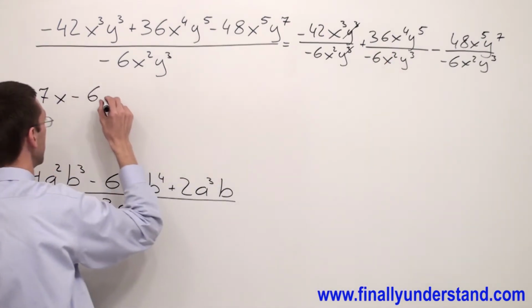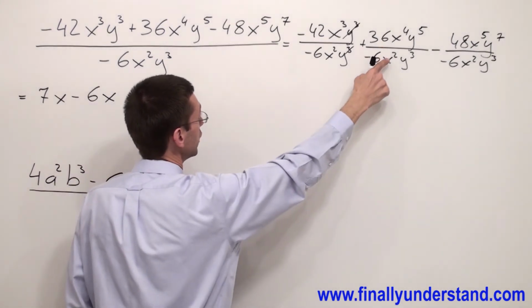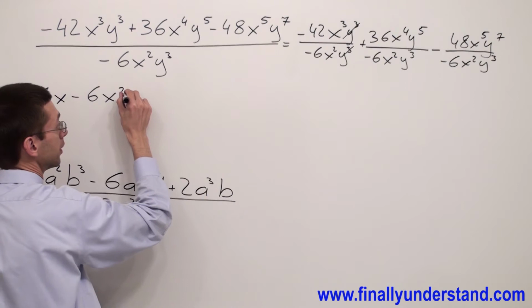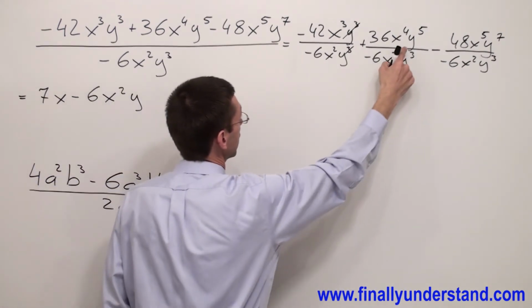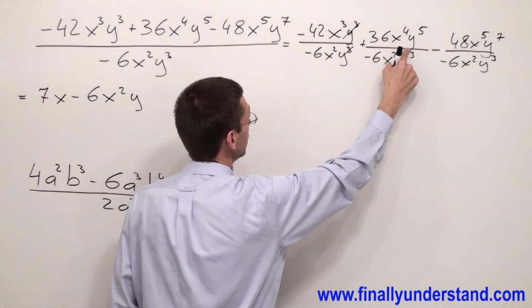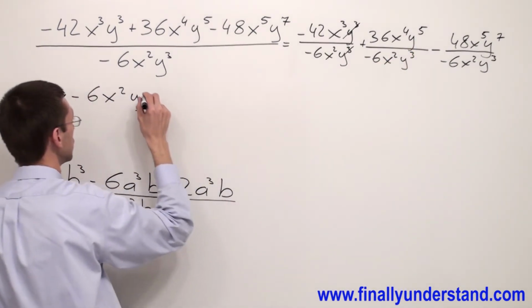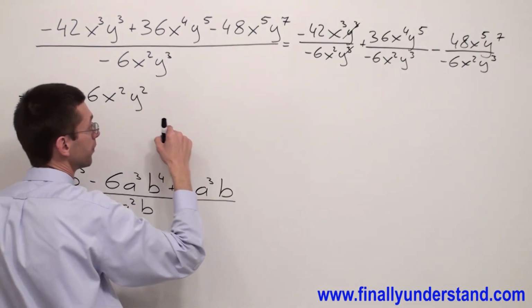I have to keep the base and subtract the exponents. 4 minus 2 is equal 2. And I have y. Again, I have division. I have to keep the base and subtract the exponents. 5 minus 3 is 2. I finished the second term.